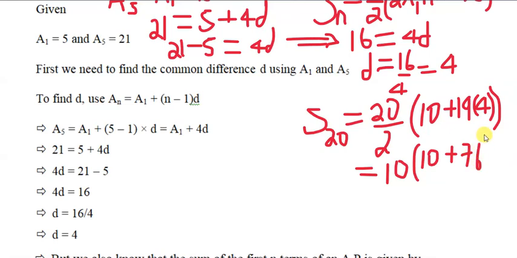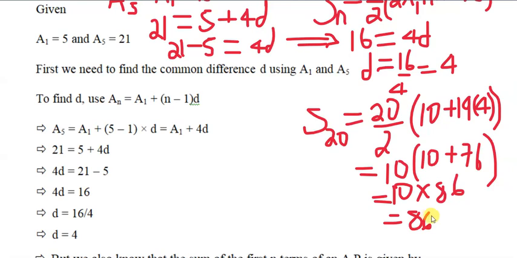The sum of 10 and 76 gives us 86, times 10. When 10 is multiplied by 86, then the result is going to be 860.